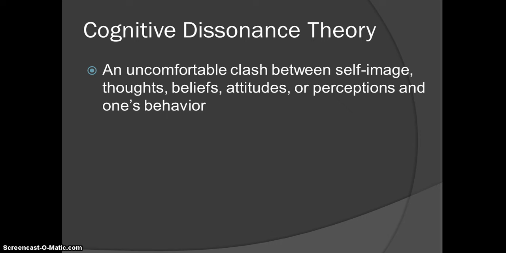Cognitive dissonance theory posits an uncomfortable clash between self-image, thoughts, beliefs, attitudes, or perceptions and one's behavior. Cognitive dissonance happens, for example, if you have certain attitudes or beliefs towards X, but you're behaving in an opposite manner.